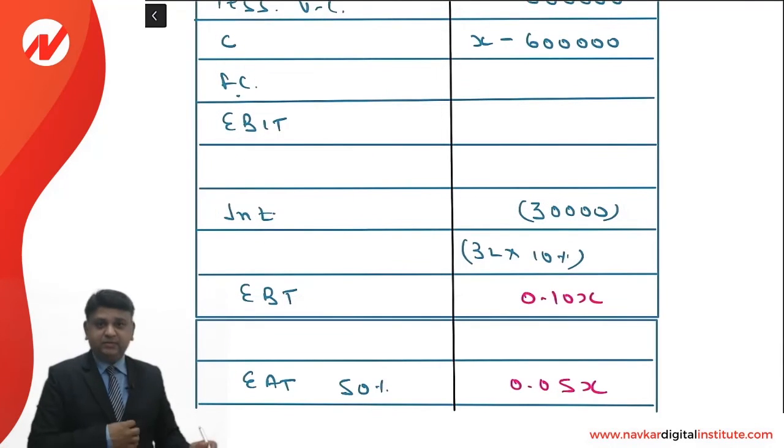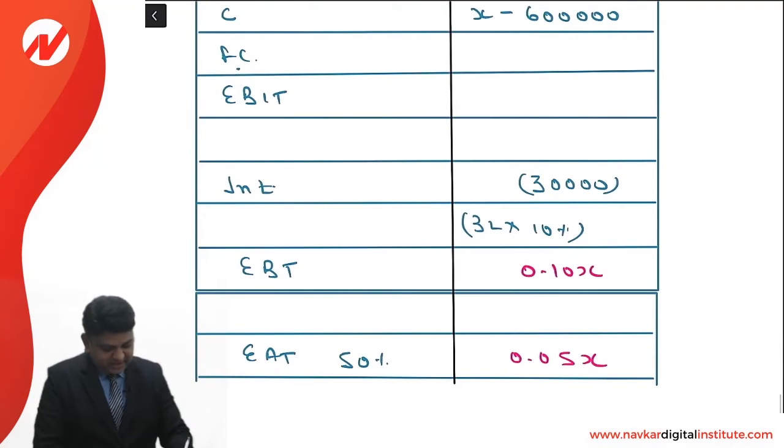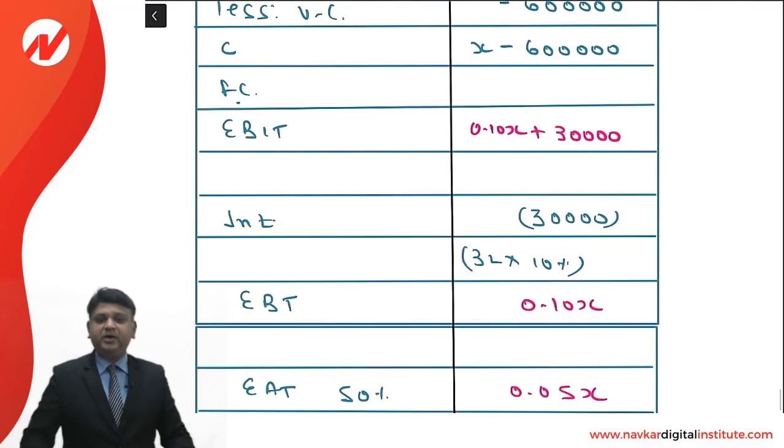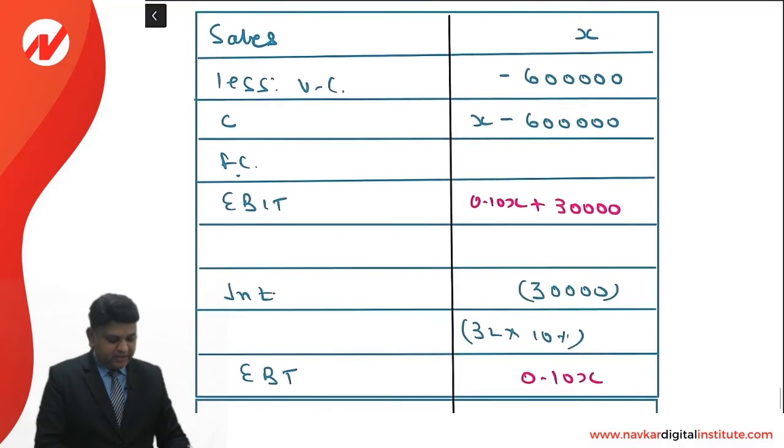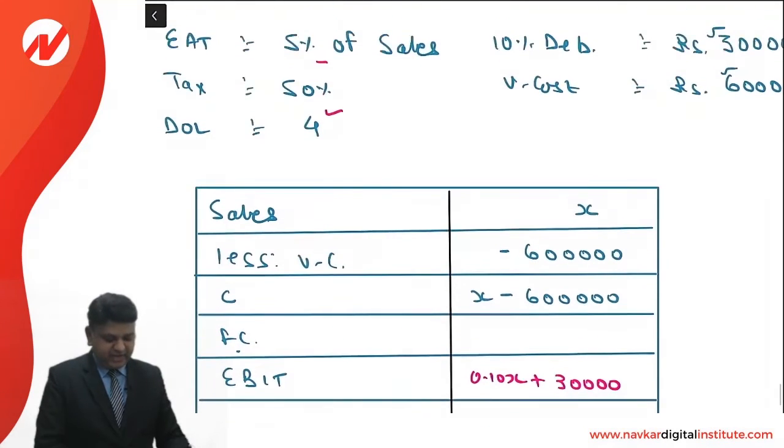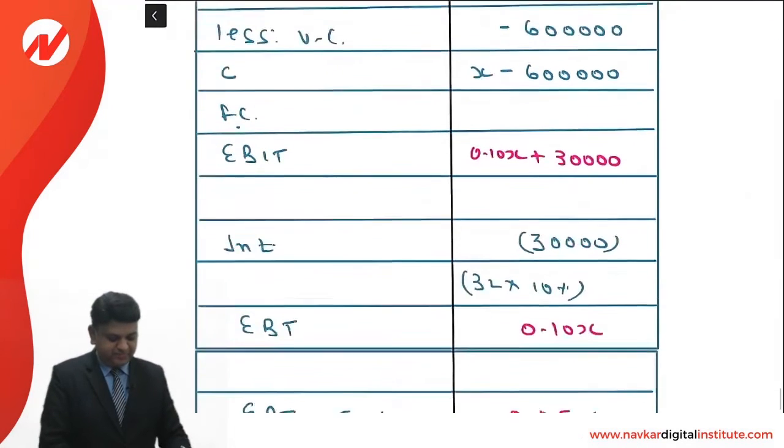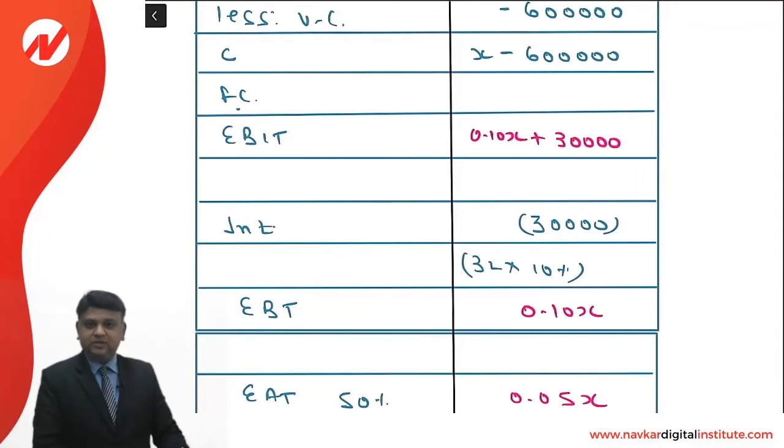So friends, earning before interest and taxes can be calculated as 0.10x plus 30,000. Now we do not have any further information. However, we have the information of DOL, degree of operating leverage. So we can use it for the purpose of making further calculation of the answer.